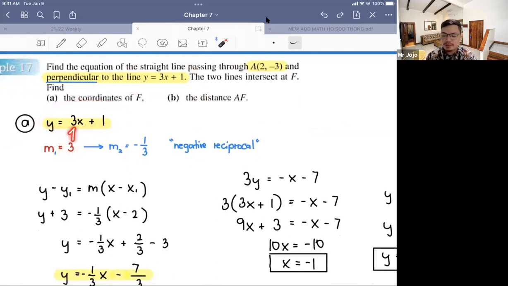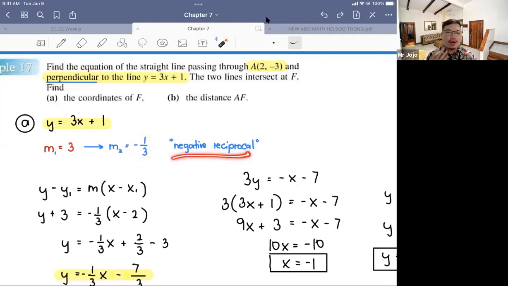Now from here, can I get the gradient of the other line? Yes, of course, because it says here that this line is perpendicular to the line containing point A and F. So therefore, if they are perpendicular to each other, I can say that the gradient of the second line is negative 1/3 because of this negative reciprocal.